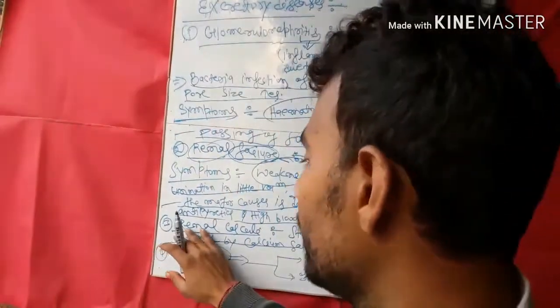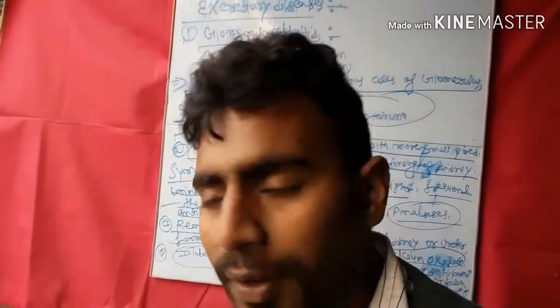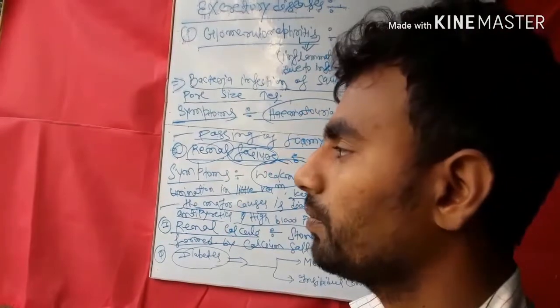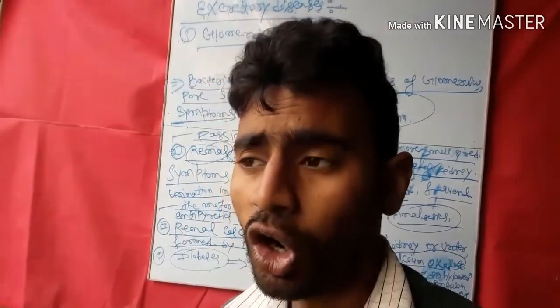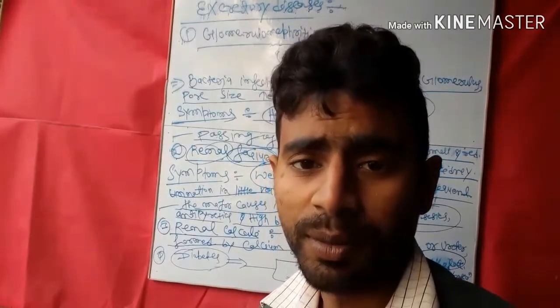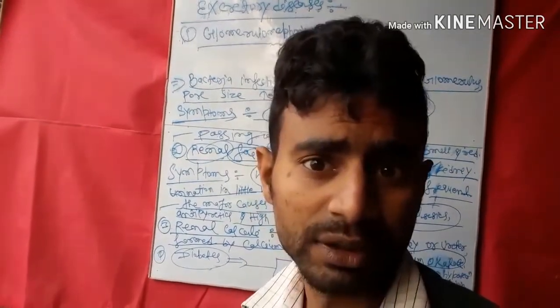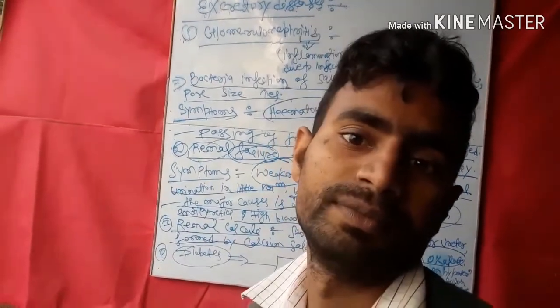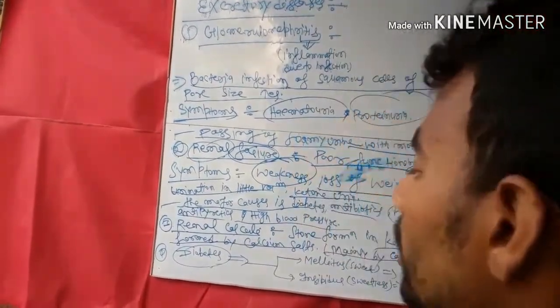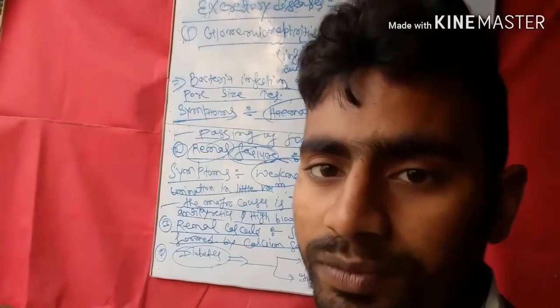What is renal calculi? It is the stone formation in the kidney or ureter by calcium salts, mainly calcium oxalate. Fourth is diabetes.